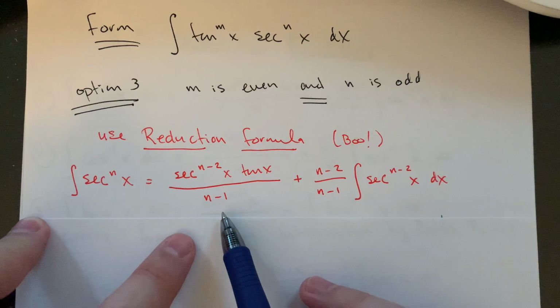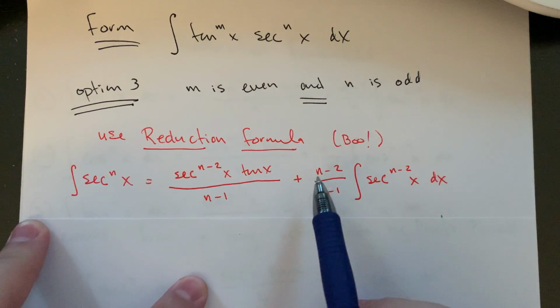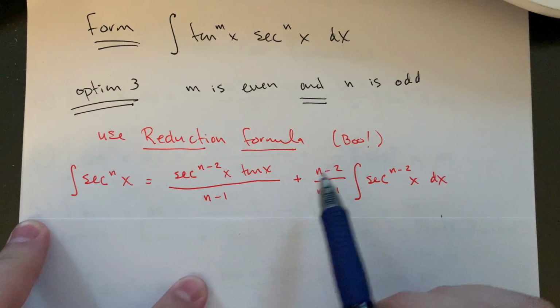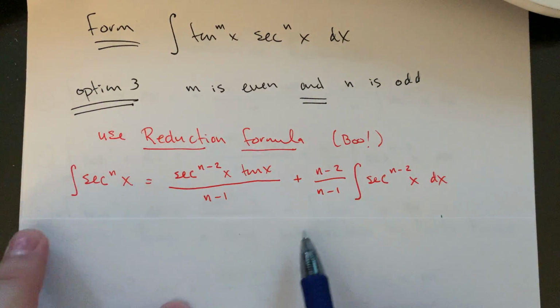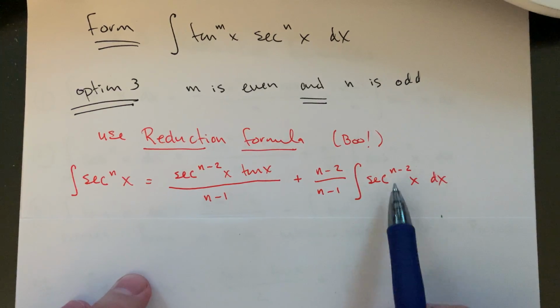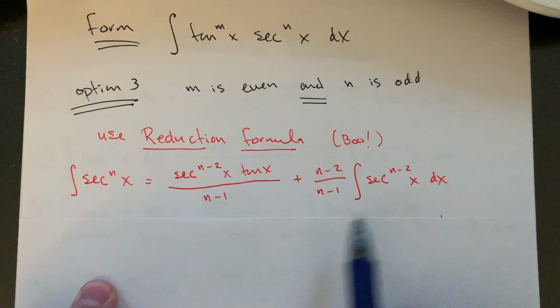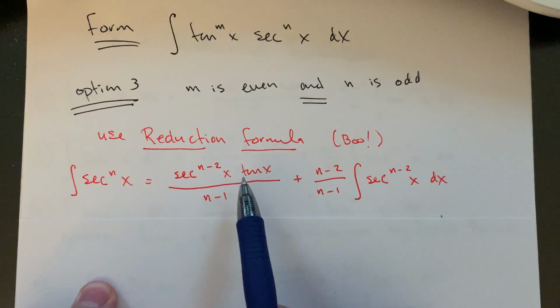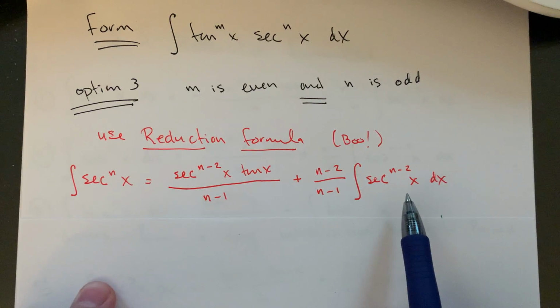So right now you're dropping the power by 1 and you're dividing, plus n minus 2, so matches the power here, over n minus 1, matches the denominator here, times the integral of secant to the n minus 2 of x dx. So you get this formula that gets you a piece here plus another integral where the power has dropped by 2.